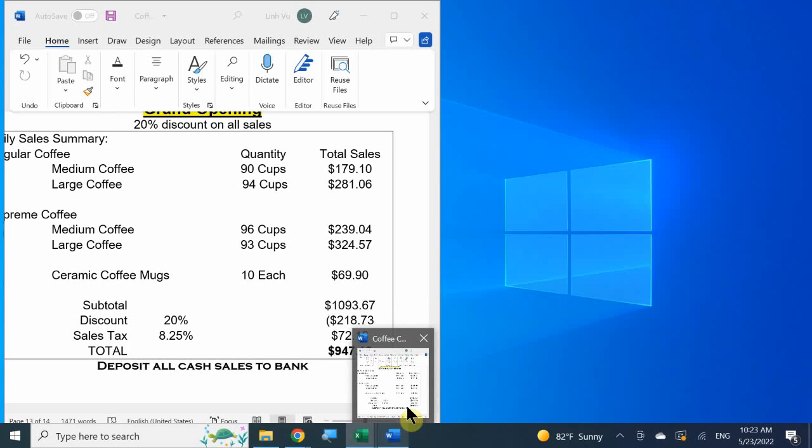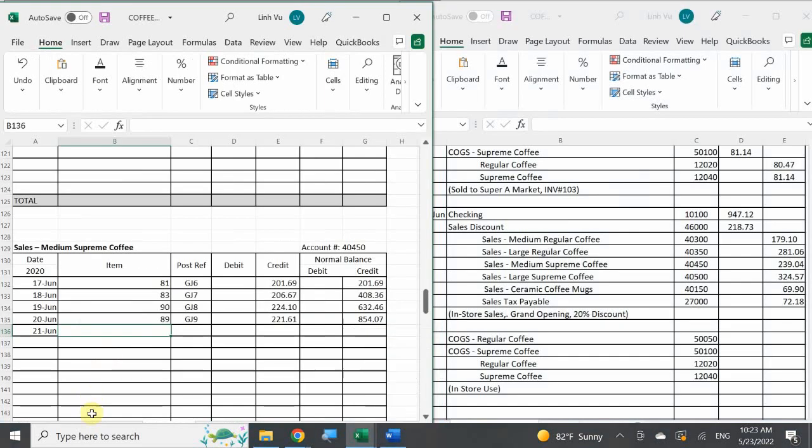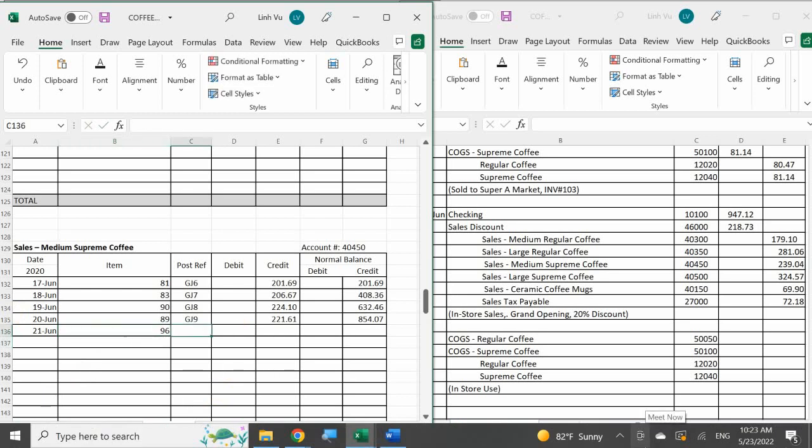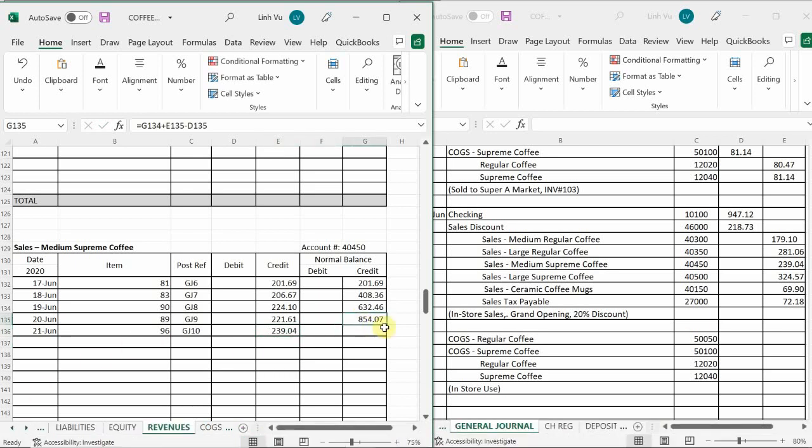We sold 96 with 239.4. We add with 854.7. We got 1,094.11.